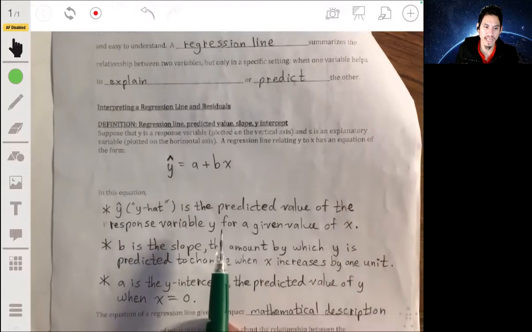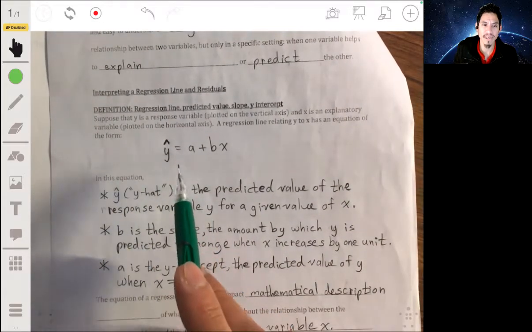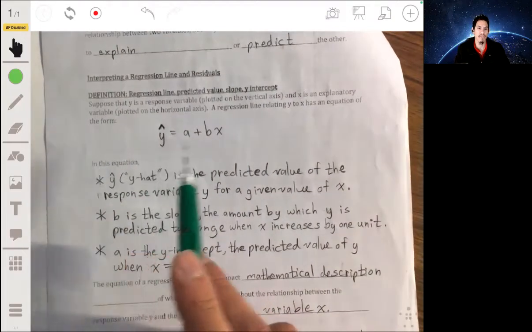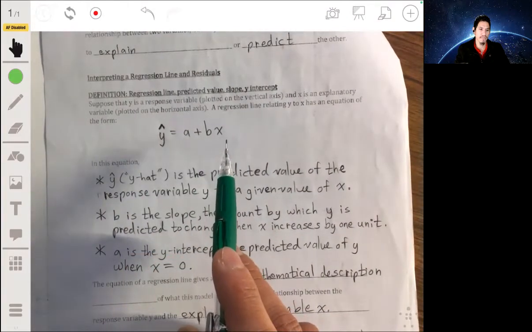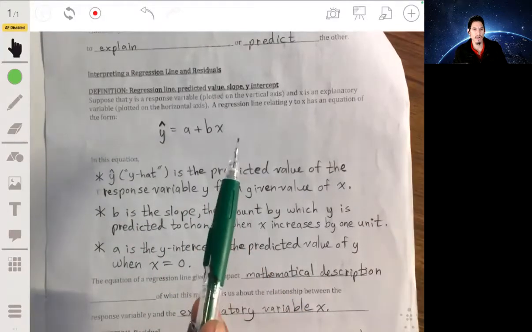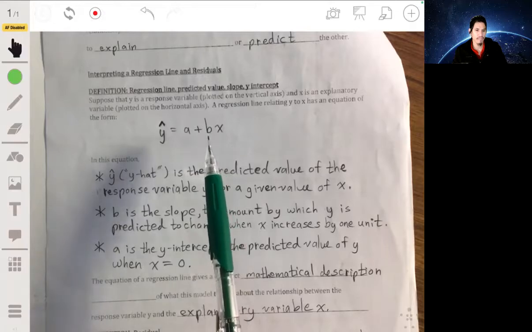So breaking it down, this is the y hat symbol, and that means the predicted value of y, the value we would get for y for a given x value. In other words, remember, we also call y the response variable, and we call x the explanatory variable. The b is still the slope.